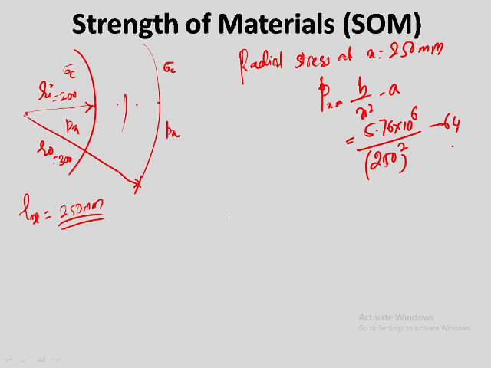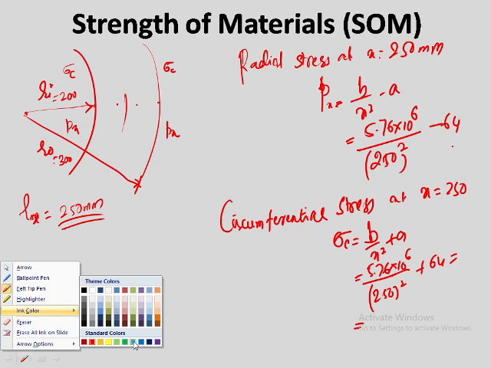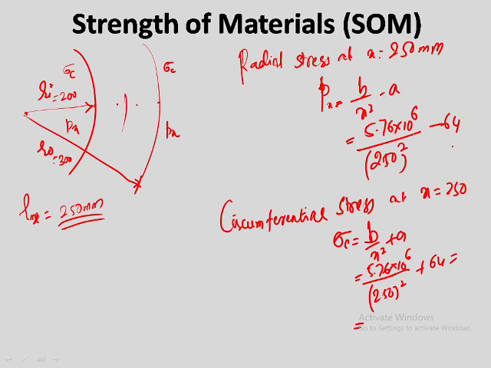Similarly, calculate the circumferential stress at x equal to 250. Sigma c equal to b by x square plus a, 5.76 into 10 to the power of 6 divided by 250 square plus 64. Now we calculate. How much you got here and here?